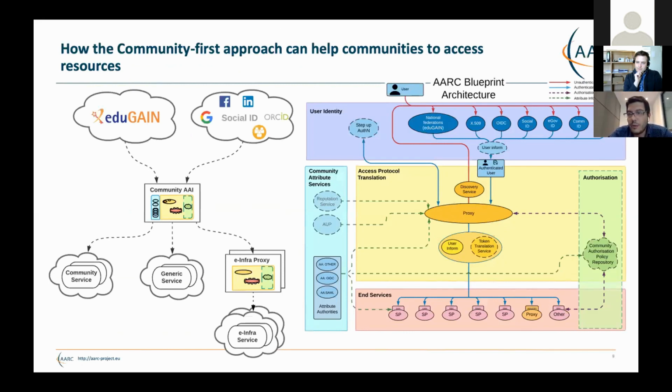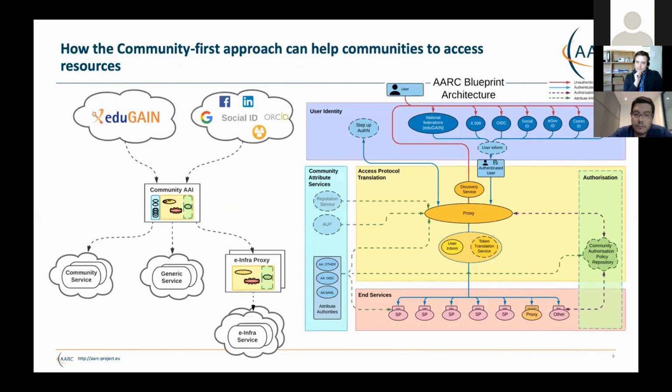Again, we should emphasize that the operators of the community AAI, of course, need to have a proper privacy statement in place that is completely transparent about the attributes that are collected about the users that register, and that this information is only used for having access to services which are offered to the community. So these community-specific services that we see in this diagram, or any other services that are offered by other infrastructures.